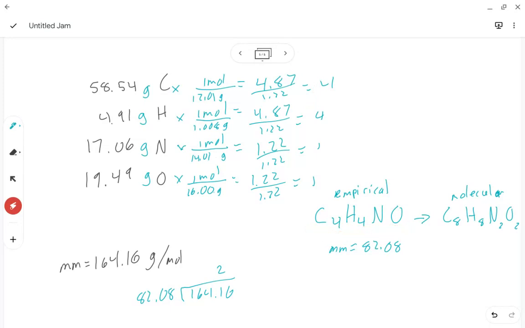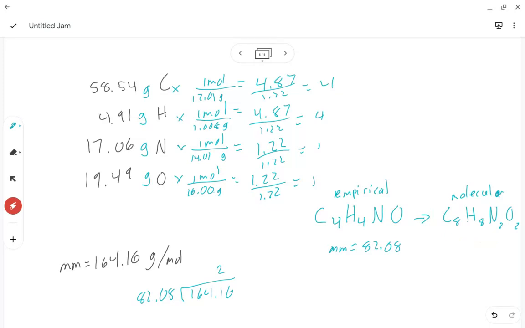If you add up the mass of 4 carbons plus 4 hydrogens plus a nitrogen plus an oxygen, you get 82.08. If you divide the molar mass we're given in the problem by 82.08, we get 2, meaning the actual compound is twice as heavy. So the molecular formula is C8H8N2O2.